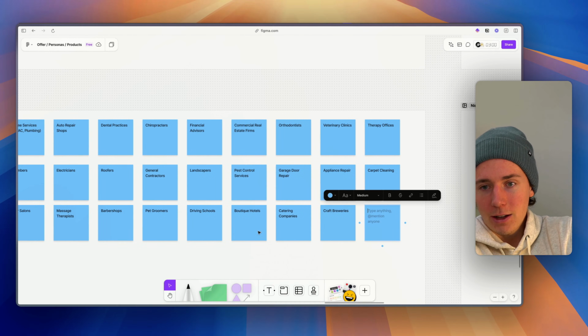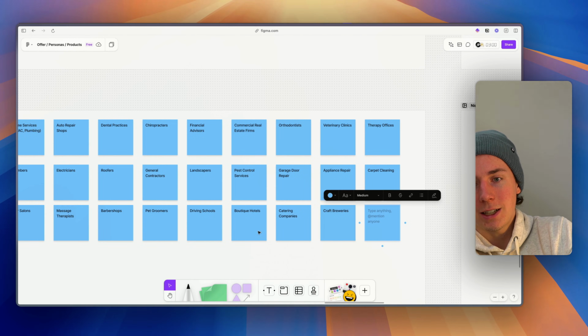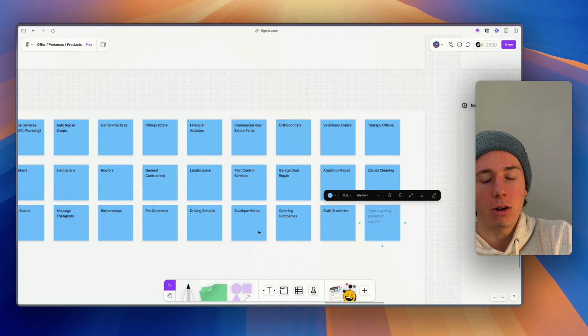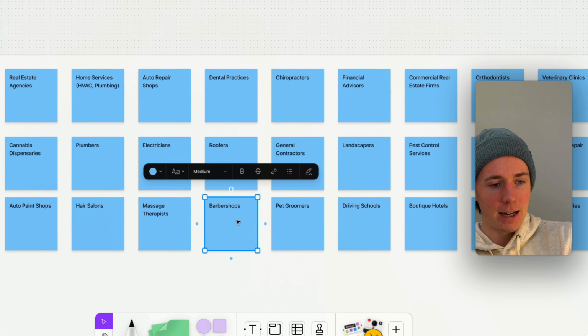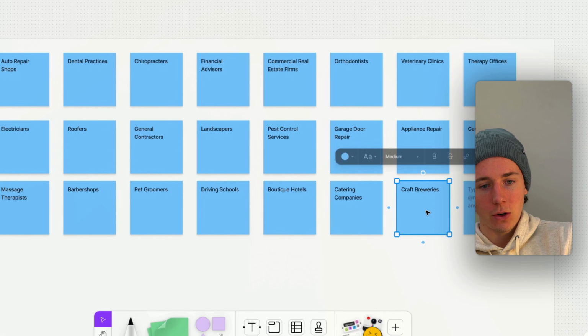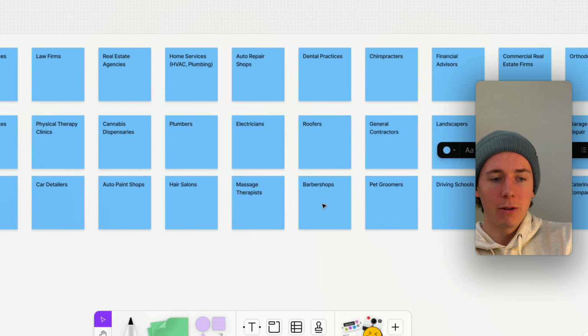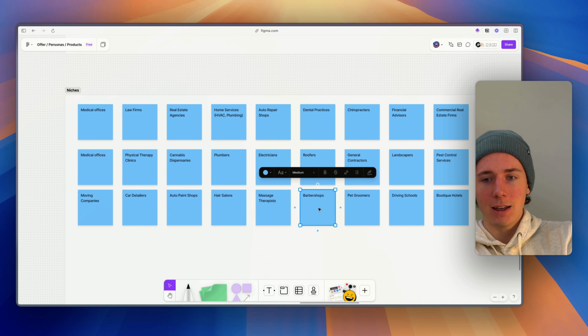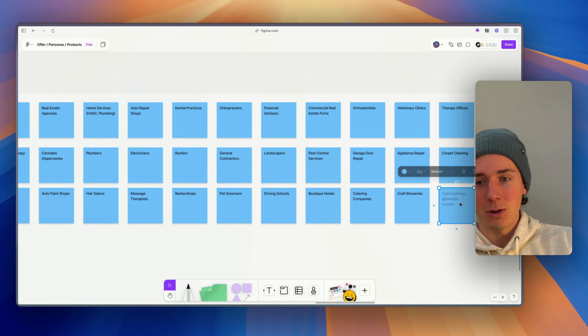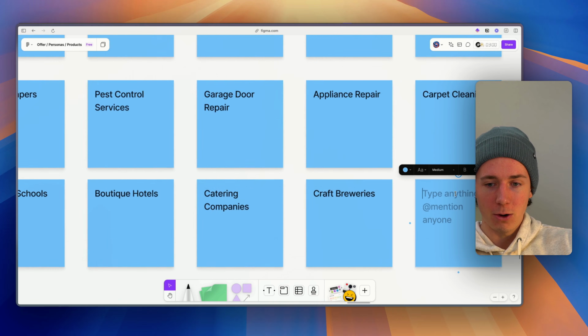Another thing to think about is we want to figure out which types of these businesses have the most money to work with. So think of, maybe a barber shop or a craft, I don't know. Some of these, imagine saying this is a $6,000 AI project. A lot of them are going to be like, hell no, that's too much money. And then other ones are going to be like, 20,000? Okay, no problem.